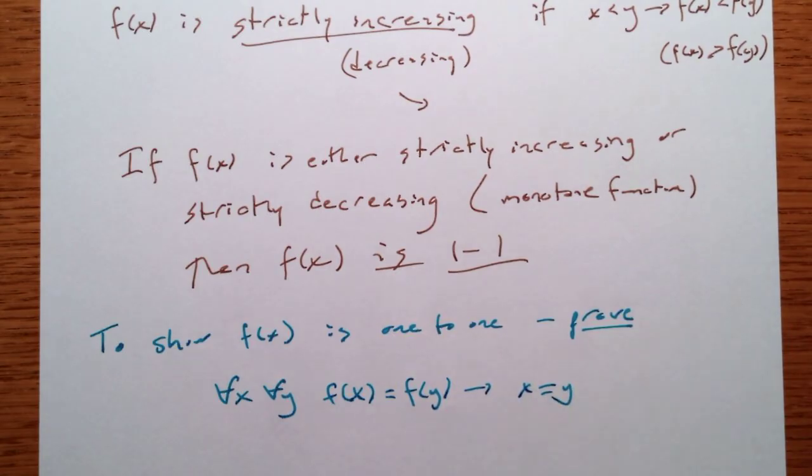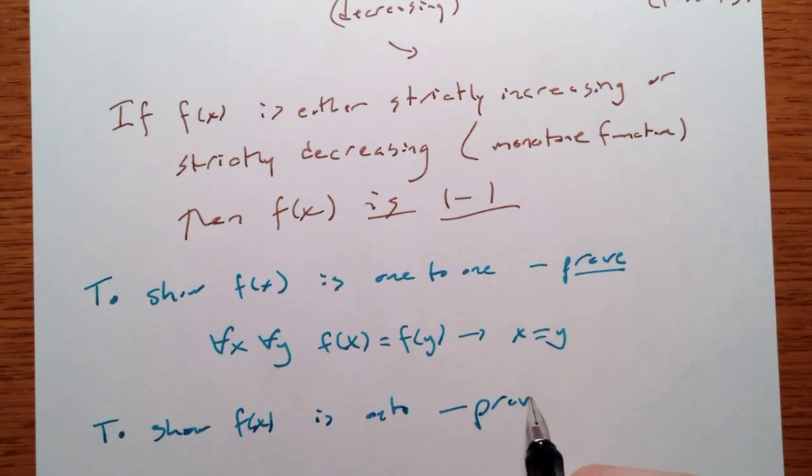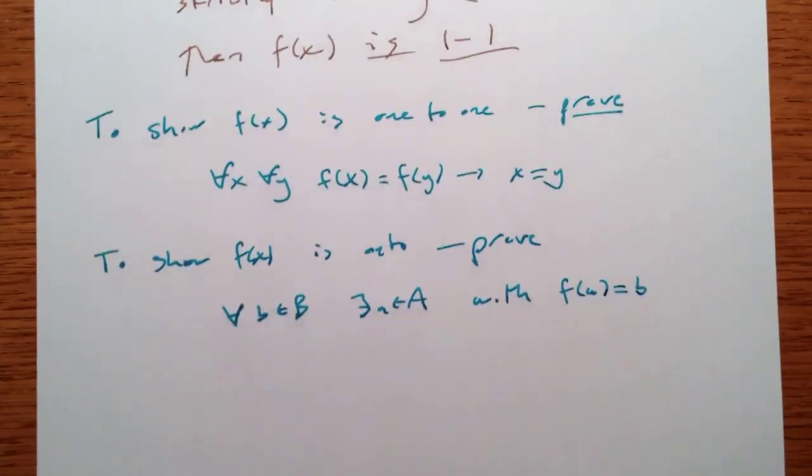Now that's a proof. We can do it directly, we can do it indirectly, we can do it by contraposition, we can do it by lots of ways. But that's a proof. If I want to show that f of x is onto, I have to prove for every b in B, there exists a in A with f of a equal to b. In other words, prove you can hit everything.